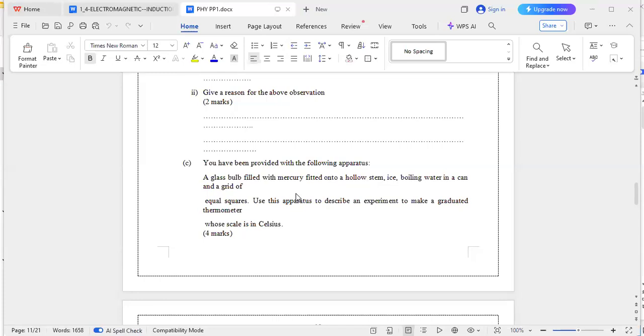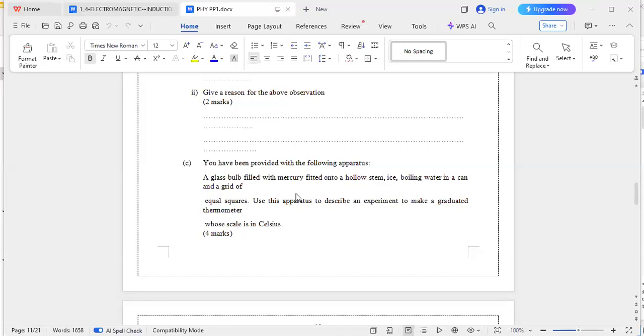So most likely the water will be boiling at a different temperature apart from the 100 degrees Celsius that we expect. So suspend the thermometer above boiling water under normal atmospheric pressure and mark the new mercury level Y.